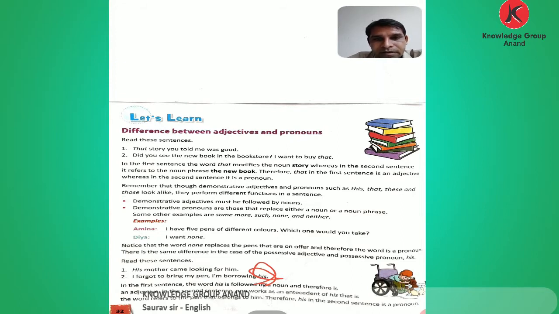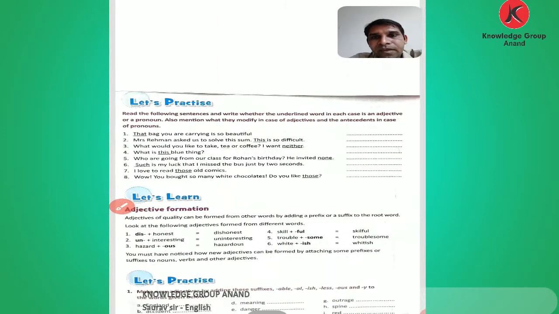Now see the exercise. Read the following sentences and write whether the underlined words in each case are adjectives or pronouns. Also mention what they modify in case of adjectives and the antecedents in case of pronouns.